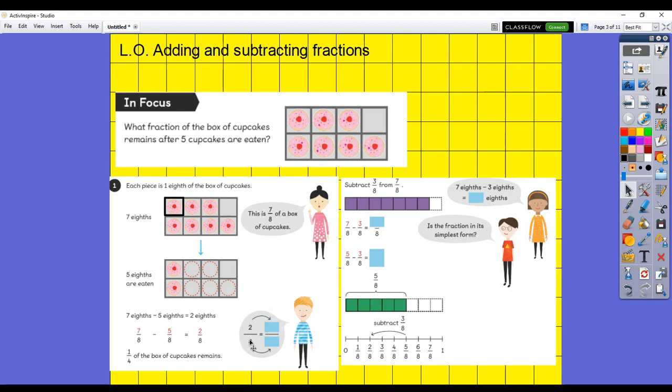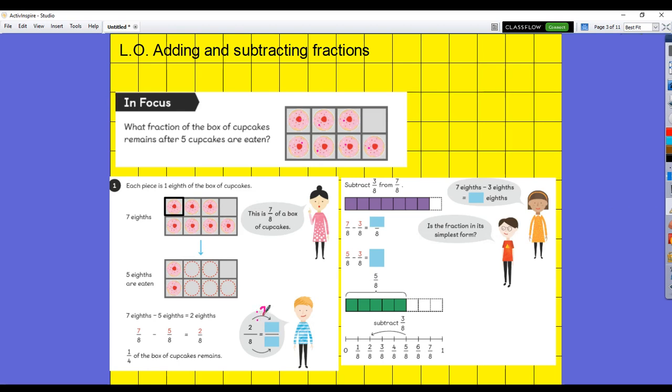Okay, 2 and 8 are both even numbers, so we know we can divide it. We also know we can divide, so we're going to divide it by 2. Okay, so what is 2 divided by 2?